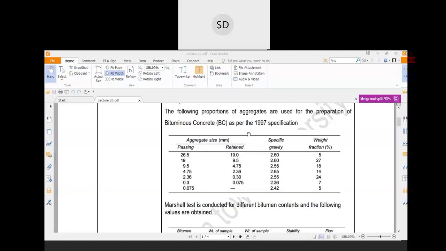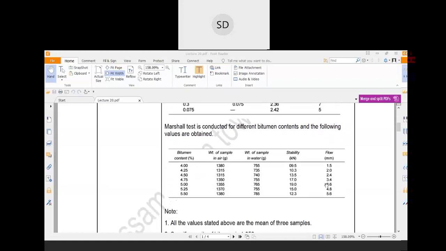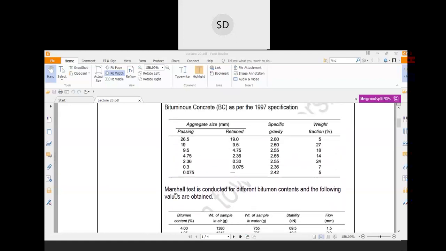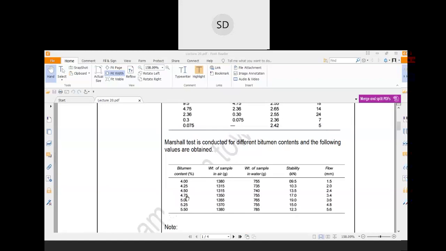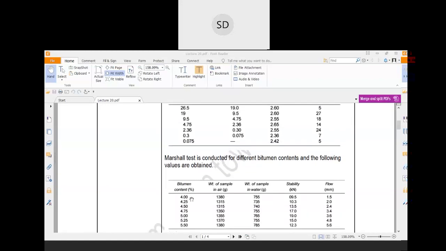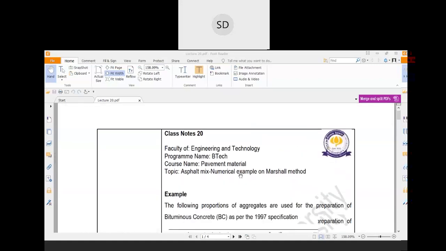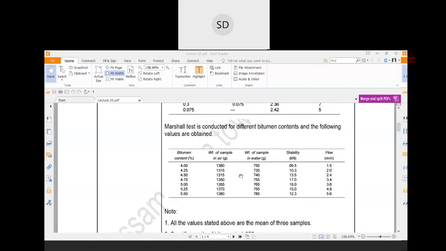Now these aggregate gradations are given, and you have to calculate the optimum bitumen content according to different bitumen contents which you will use in the aggregate sample. To find the optimum bitumen content, you have to start from a particular value.